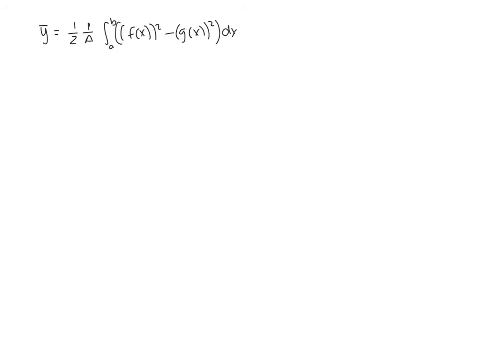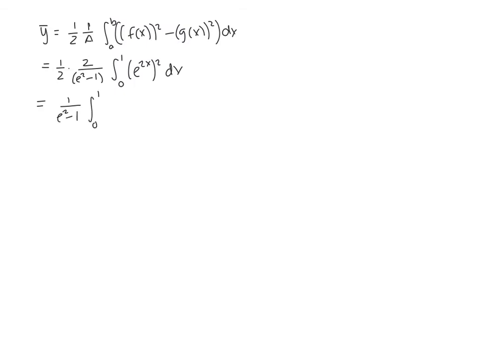And once again, my g of x curve is 0. So we'll have 1/2 times 2 over e squared minus 1, integral 0 to 1 e to the 2x squared, dx. Those 2's cancel.